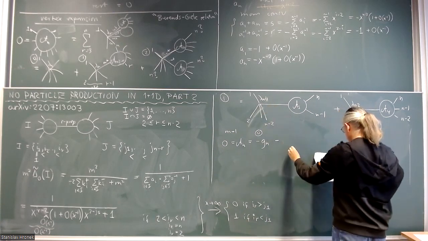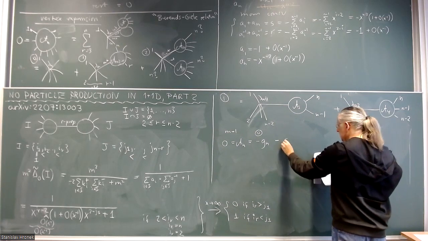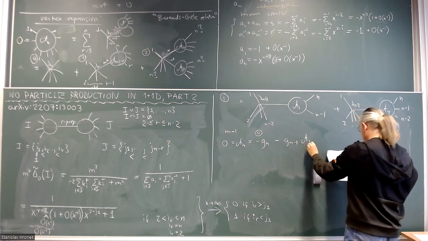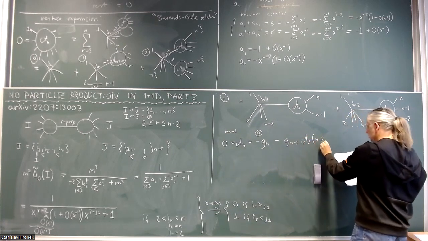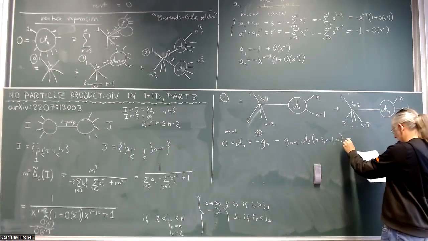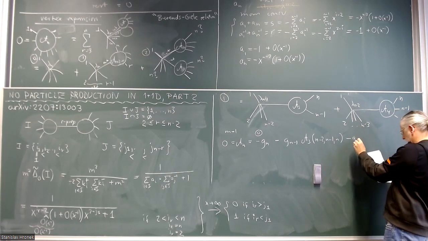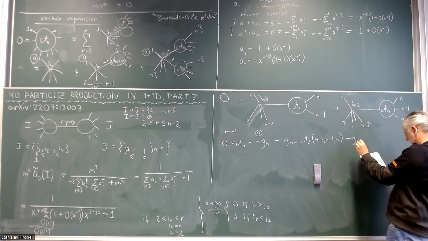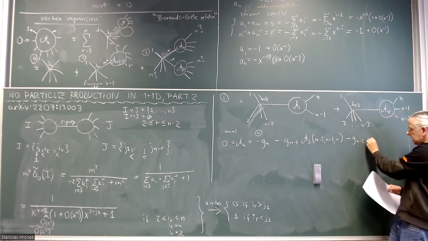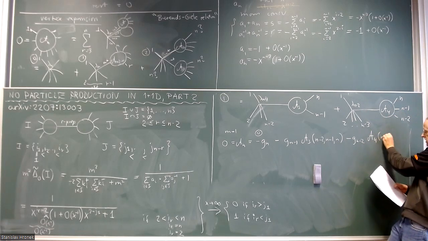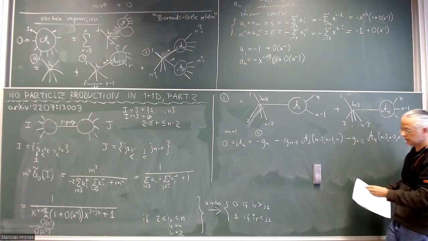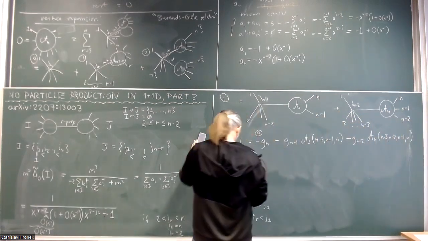And from here I get G n minus 1, and then I get A3 of n minus 2, n minus 1, n, and then I get minus Gn. I guess it should be minus 2 here. And then A4 of n minus 3, n minus 2, n minus 1, n. So that's the formula.